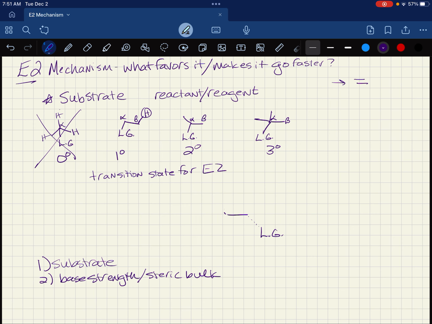The hydrogen atom is being deprotonated by the base, so that's making a new bond there. And then a new pi bond is being made. But because this leaving group is leaving, and typically this is going to end up being something with a negative charge, especially with an E2 mechanism, you're going to have some partial positive charge buildup at the alpha carbon position in the E2 mechanism.